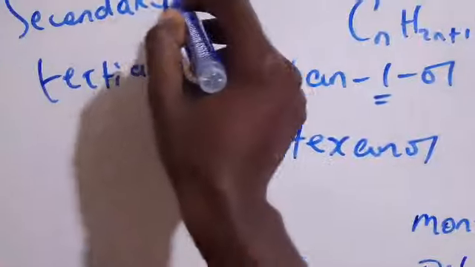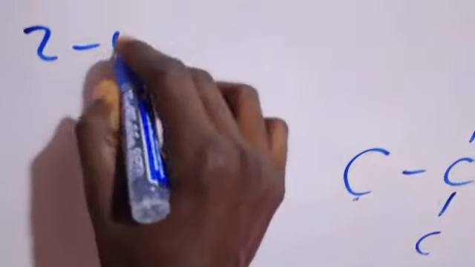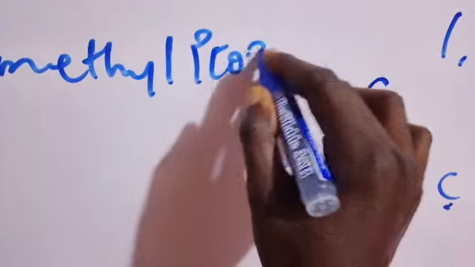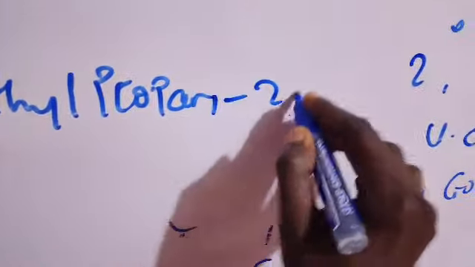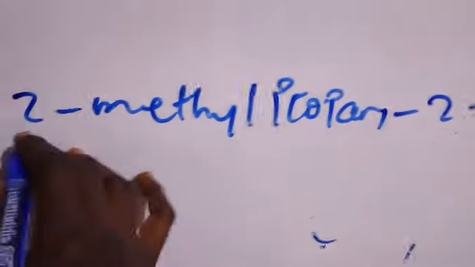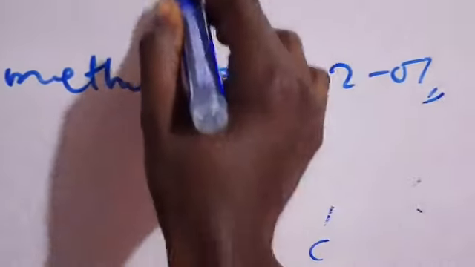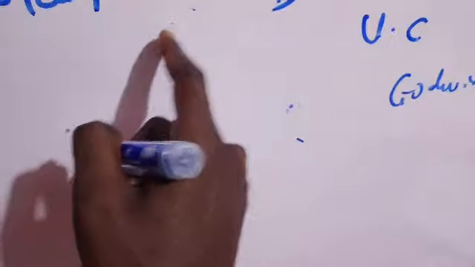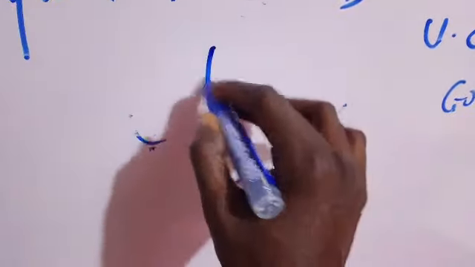Now let me skip secondary first and go to tertiary. When you have multiple functional groups, for example, something like 2-methylpropan-2-ol. When you just have two different numbers, like 2-methyl, you can treat it separately. But when you have the same number, 2-methylpropan-2-ol, this one is tertiary.